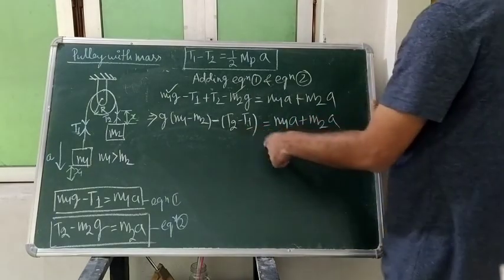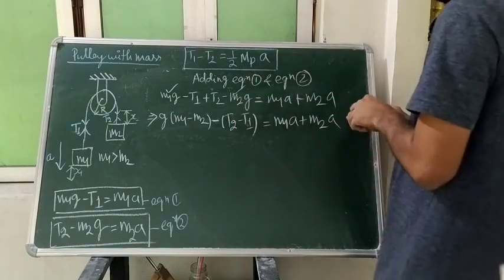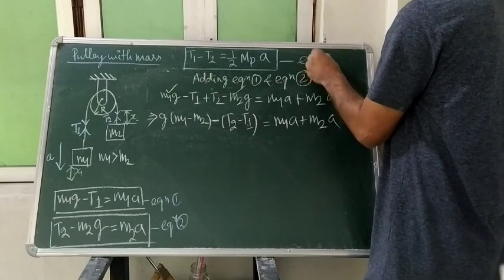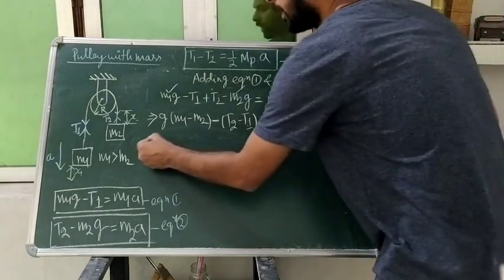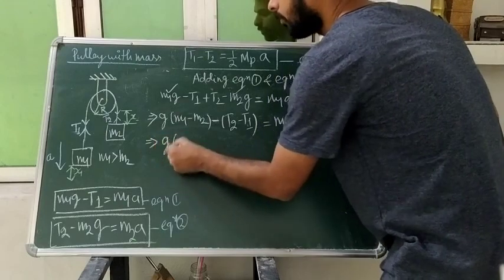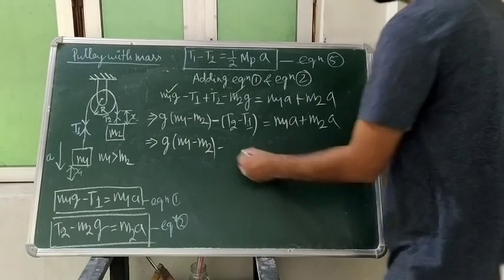At the place of T2 minus T1, what can we put, student? This. Okay, that you can assume as our equation number 5. So you guys will get G times M1 minus M2 minus of this.